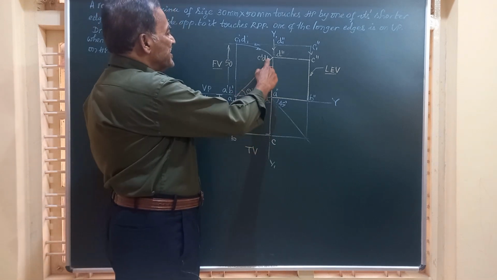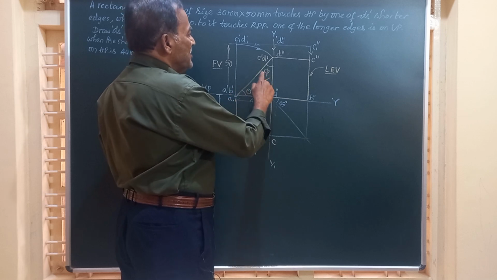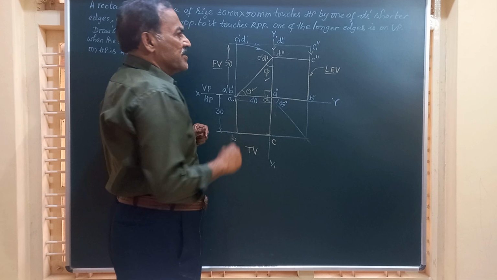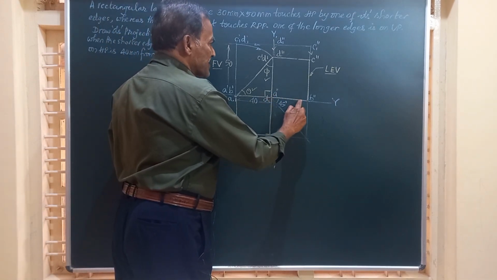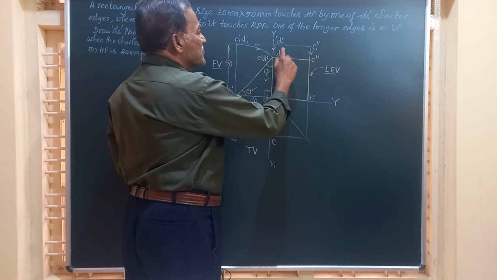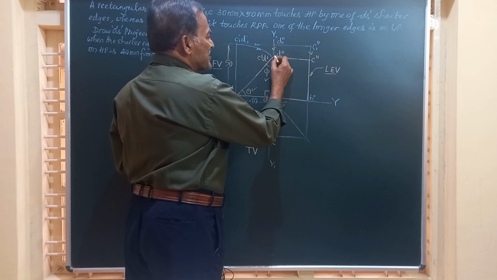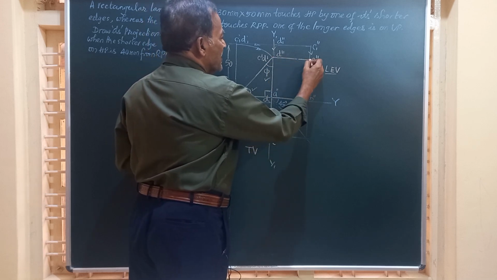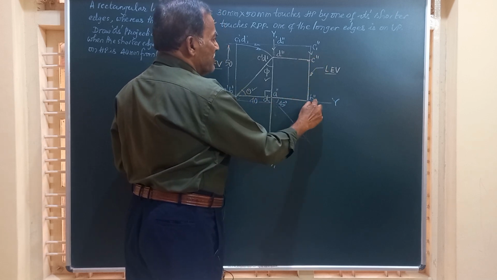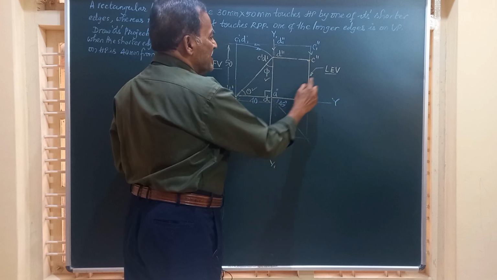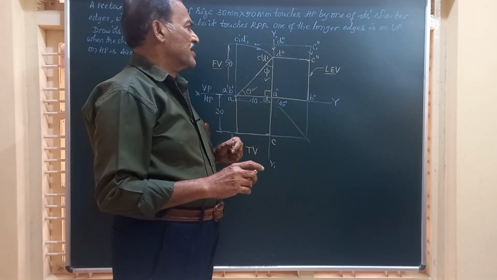Friends, after getting the front view, which is a line A dash, B dash, C dash, D dash, let us obtain the final end view. The shorter edge AB remains at the same place, whereas these two corners C and D just occupy a place here. That is, this is the final D dash, and this is C double dash, D double dash. A double dash and B double dash will give you the final end view, the final profile view of the rectangular lamina.